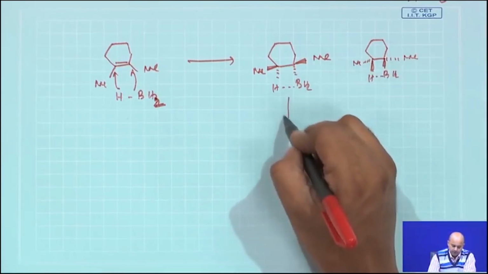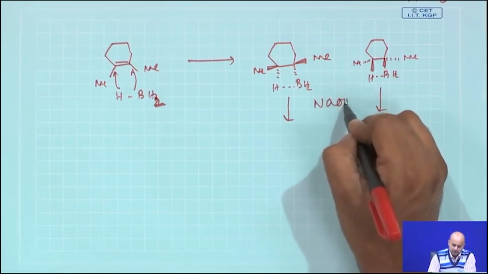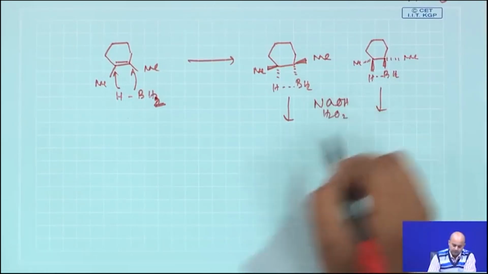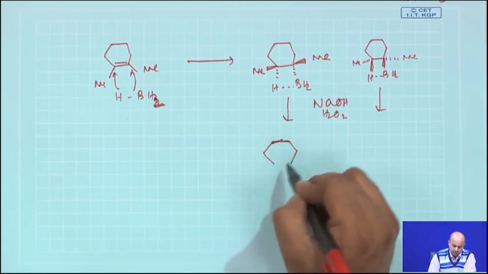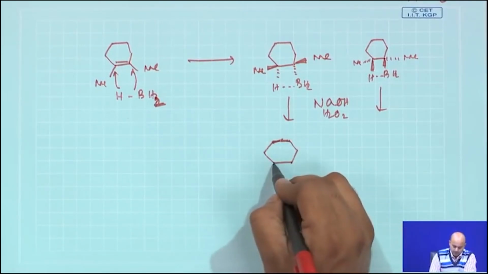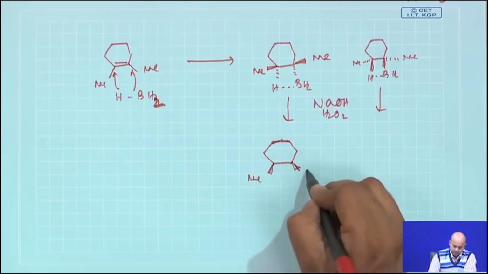Now you can cleave these with sodium hydroxide and hydrogen peroxide, and you can get the product which is given as a target molecule.